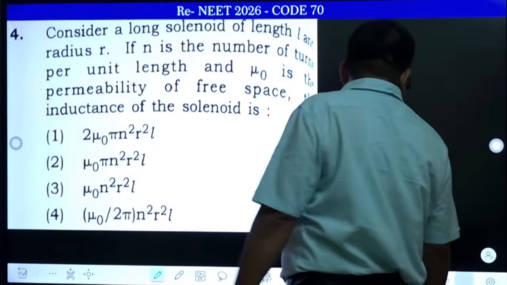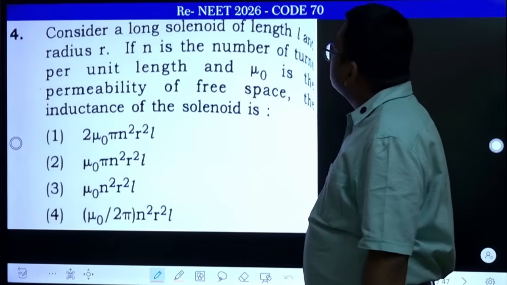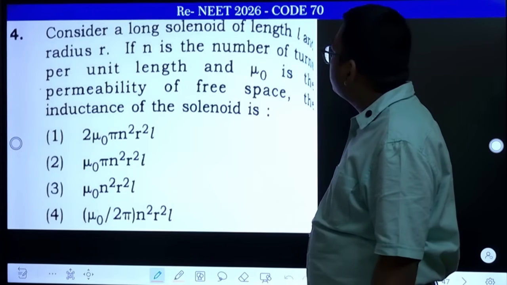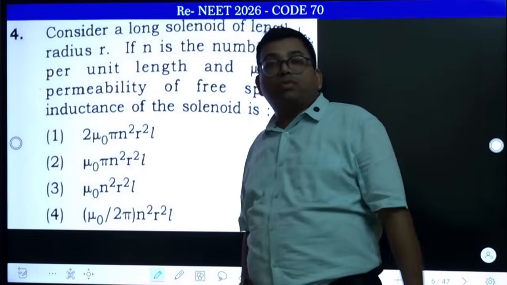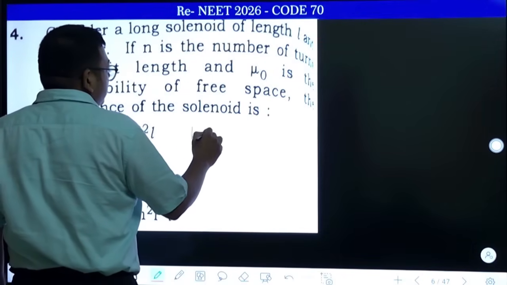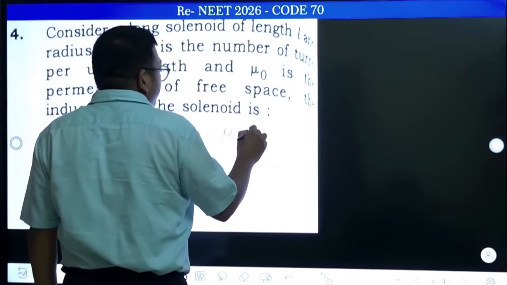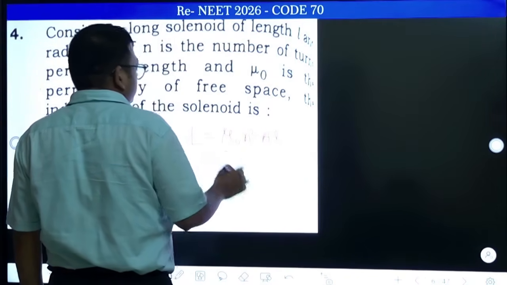Then let's move next. Question number 4. Consider a long solenoid of length L and radius r, n the number of turns per unit length, and mu naught the permeability of free space. This is a direct question. I don't know why this type of questions are asked. This is a direct formula based question, right? If we calculate self inductance, mu naught n square area into length, we can use that.